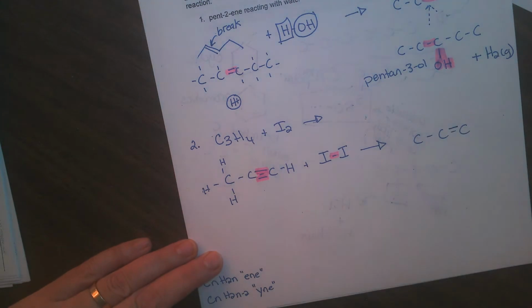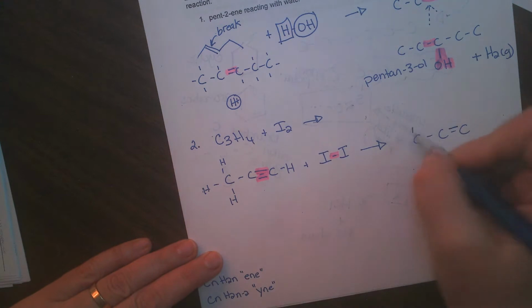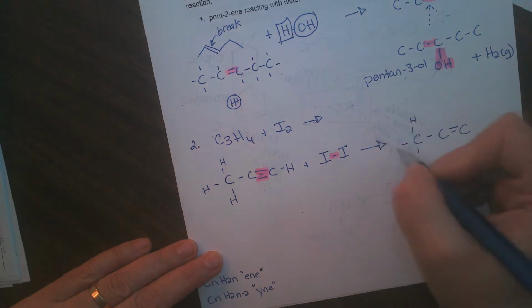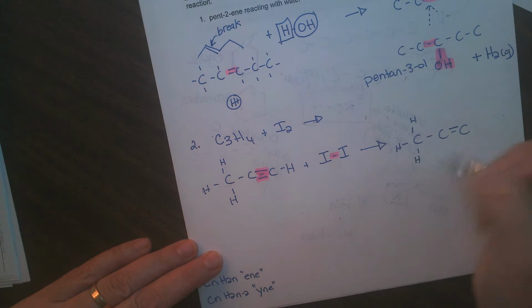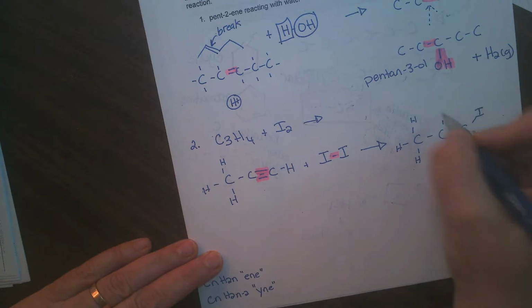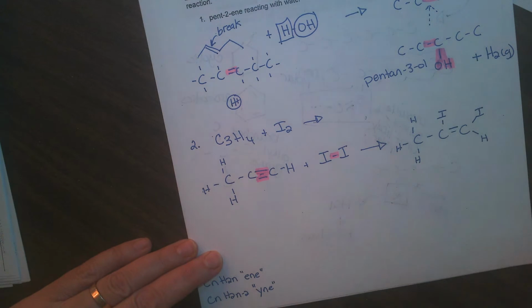So we're down to a double bond. This carbon still has hydrogens on it. This carbon now has a free spot open, and this carbon now has a free spot open. So what do you think is joining on those spots? Iodine. One's going to go here, and one's going to go here.